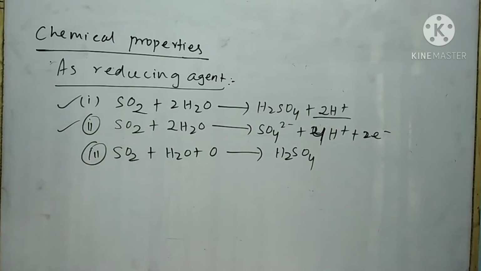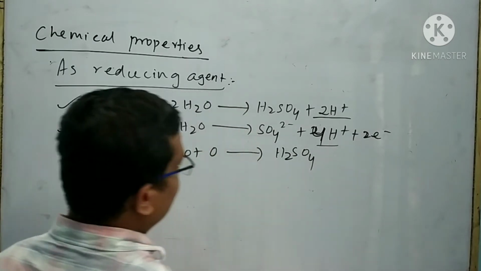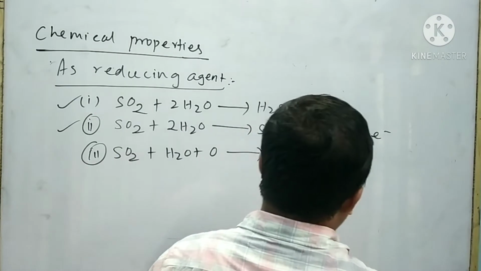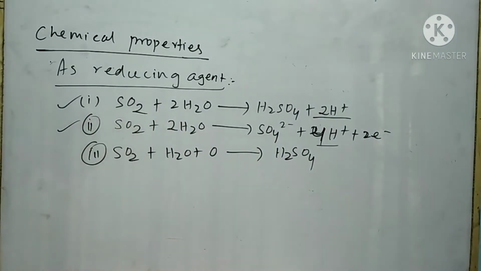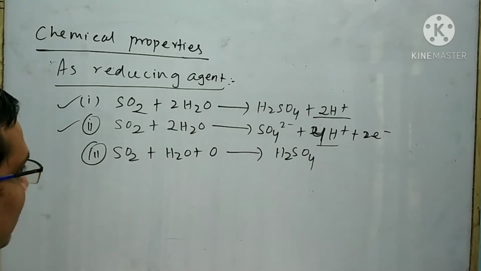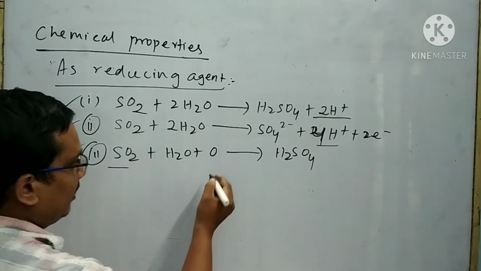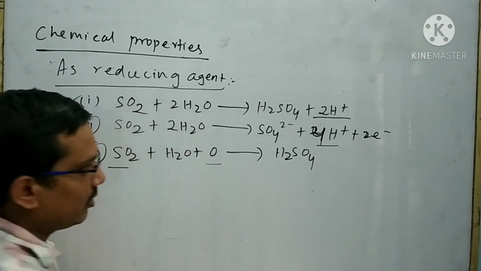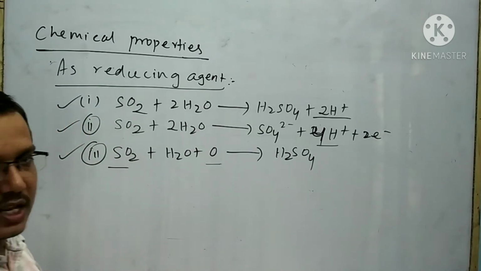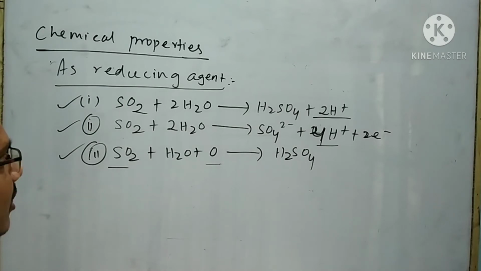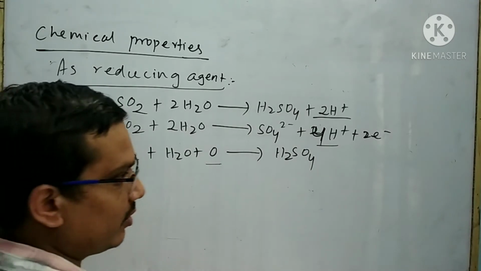In the other reaction also, H plus ion is formed and 2 electrons are released, so SO2 also acts as a strong reducing agent. In this reaction, SO2 gains nascent oxygen, so this reaction clearly indicates that SO2 acts as a strong reducing agent.